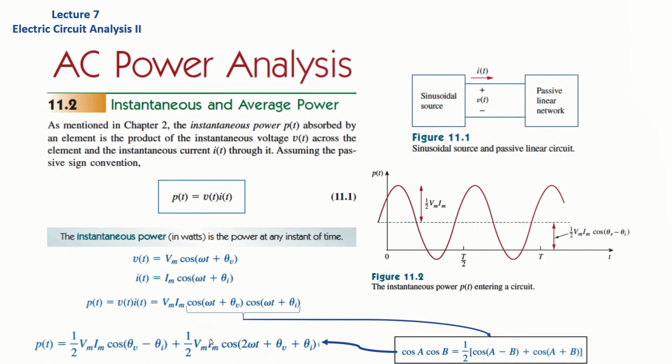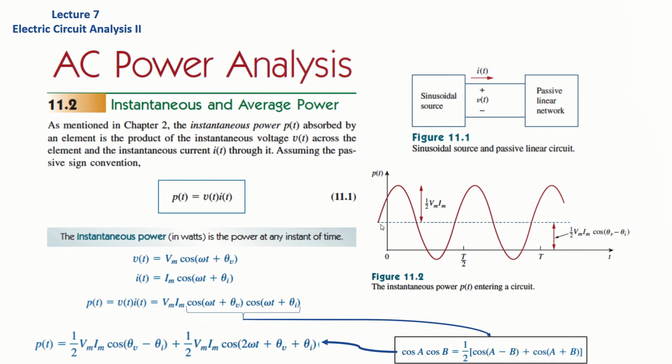Here, 1 by 2 into Vm Im is the amplitude of the sinusoid that is oscillating, and this is the DC part, the value around which this sinusoid is going to oscillate.